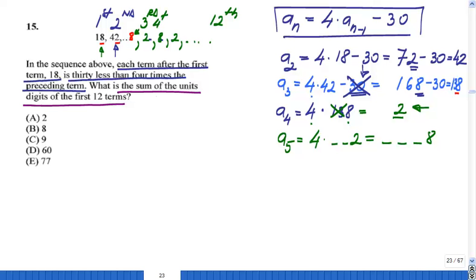The fourth one is going to be a 2. Fifth one an 8. And it seems to me that every 2 numbers here will end up being 8, 2, 8, 2, with the first one 8, the next one 2. And if I add them, 8 plus 2 will give me what? Will give me 10.